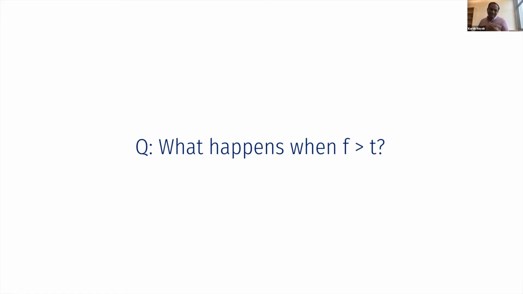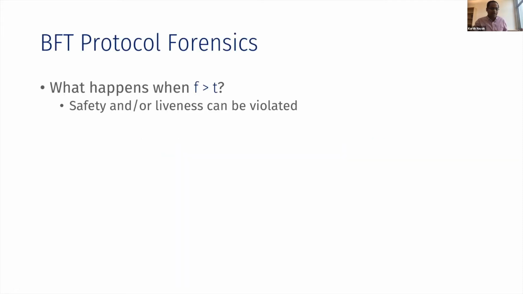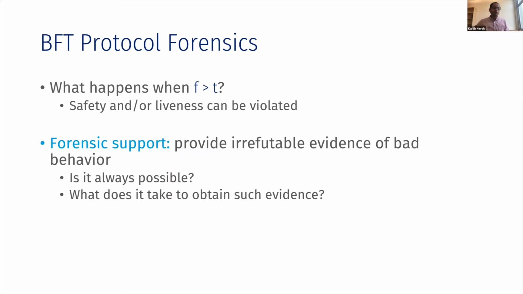So ideally, when F is greater than T, you would want some more properties that can save you. Of course, safety and/or liveness can be violated in this setting. The property that we're looking for is this notion of forensic support.